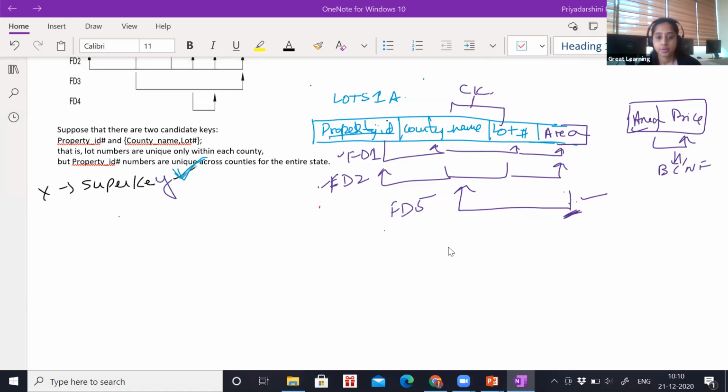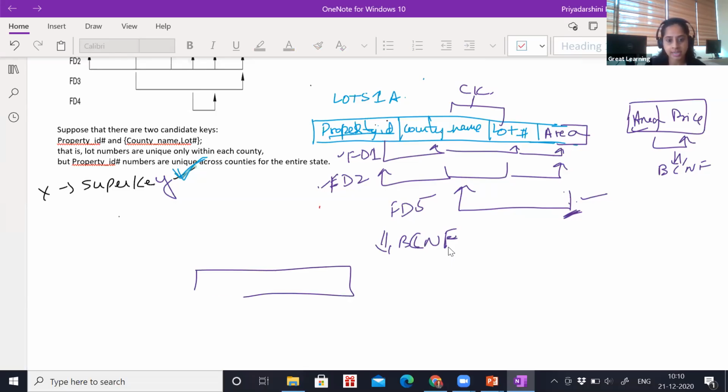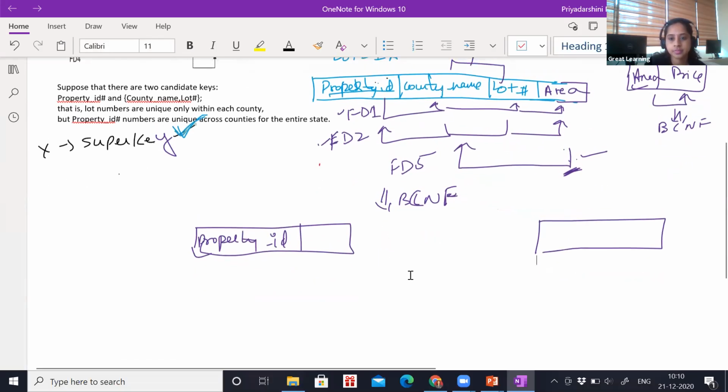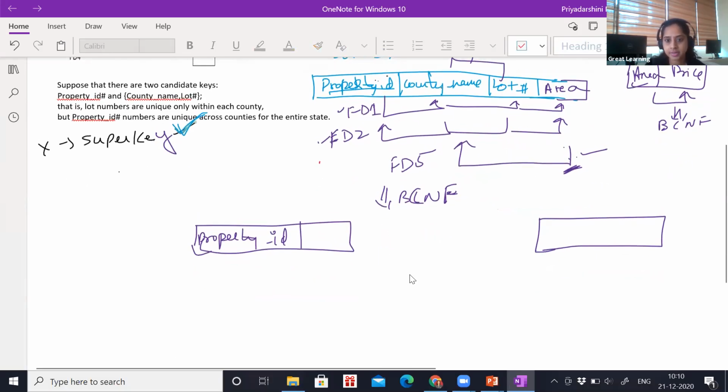See now, when you divide, there is a problem. Let me divide this first and then tell me what the problem is. FD5.